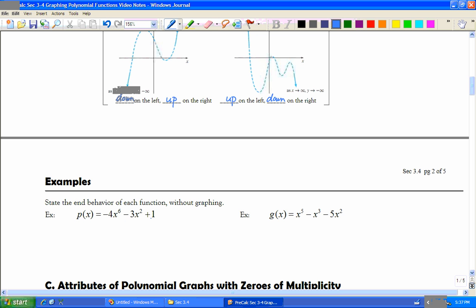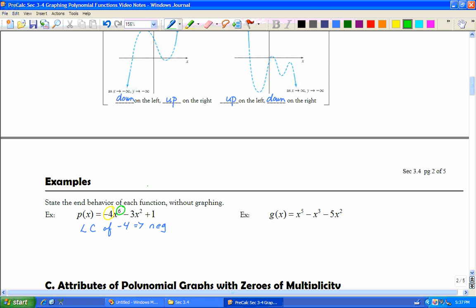So state the end behavior of each function without graphing. Well, if we take a look at our function p of x, what is our leading coefficient? Well, our leading coefficient is negative 4. So I just abbreviate the LC of negative 4, which obviously means it's negative. And then what is our degree?